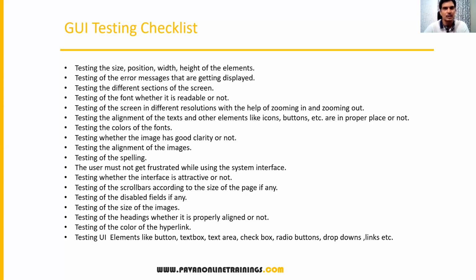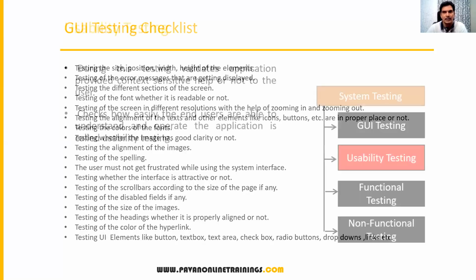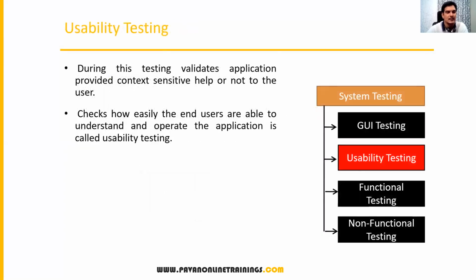Okay, so this is all about GUI testing, guys. Graphical user interface testing. This is the first testing we are going to focus on while performing the system testing. Now the second important testing is usability testing. This is also very simple. In usability testing, we don't have many testings.